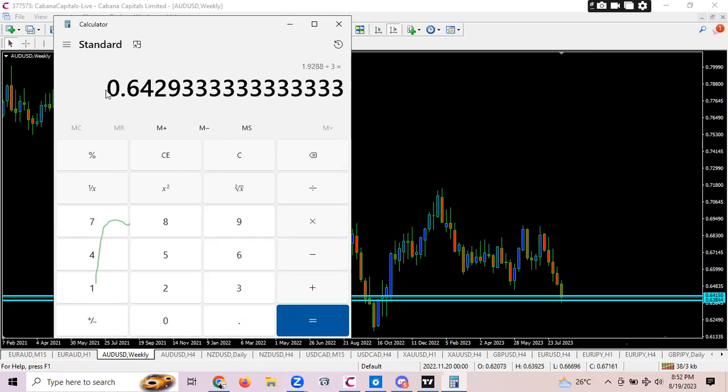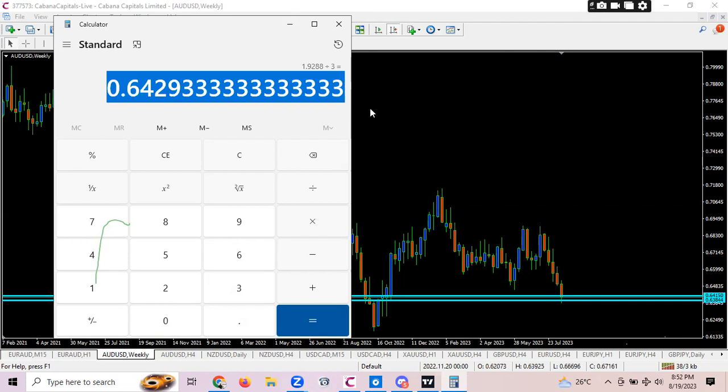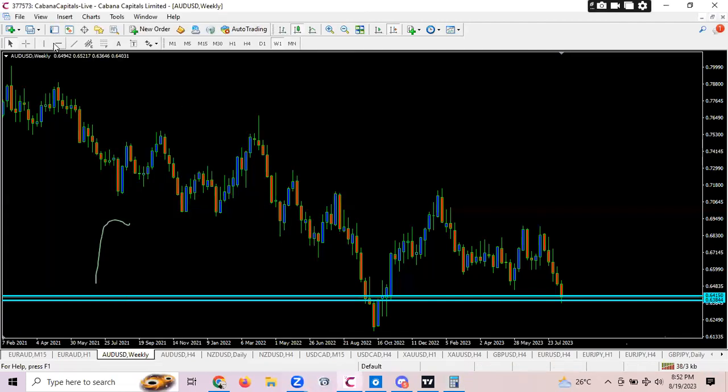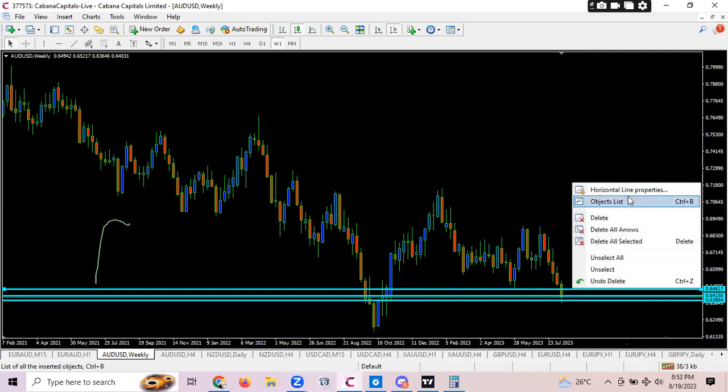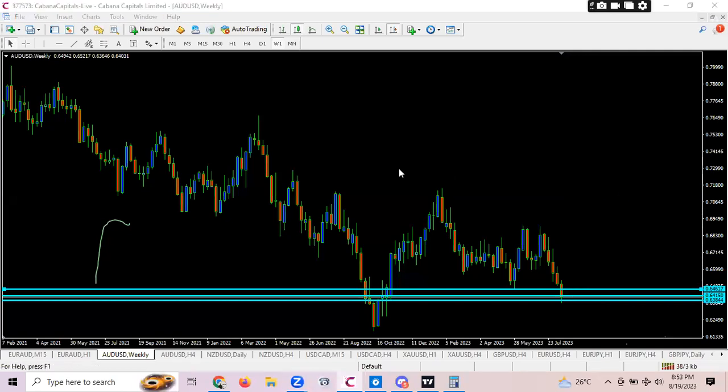Okay, so this is our pivot point for last week candle. I always use the red color for my weekly pivots.